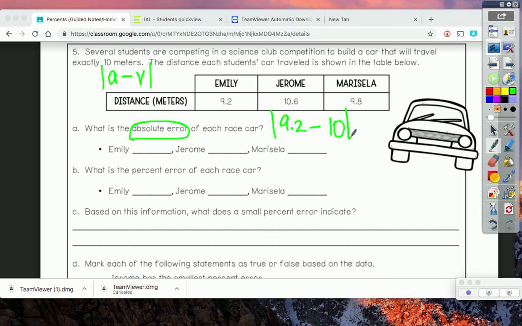Negative 0.8. Are we finished? No. What do we need to do? Change it to a positive, because absolute value cannot be negative. So Emily had 0.8. Any questions there?